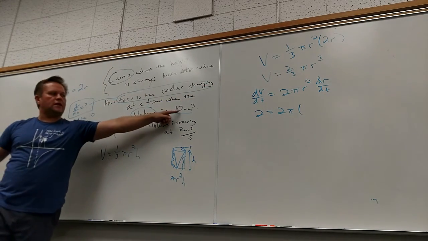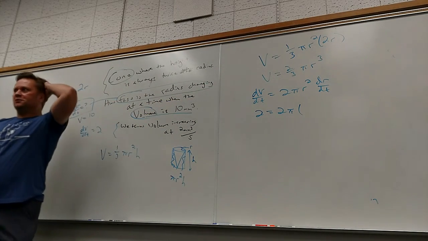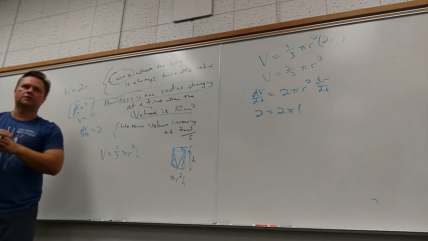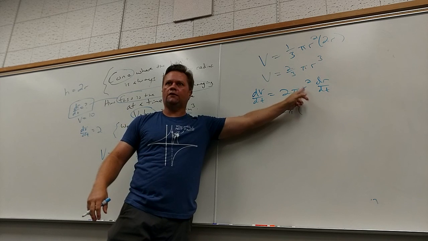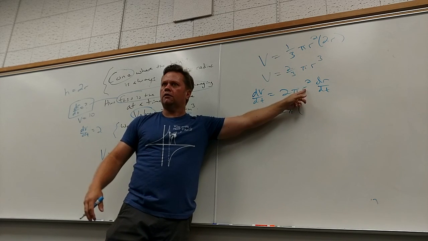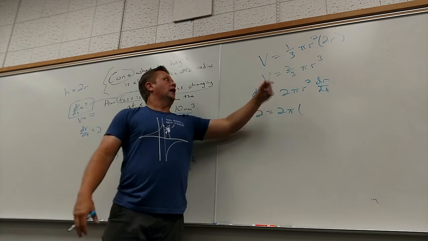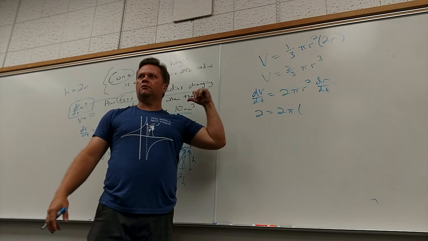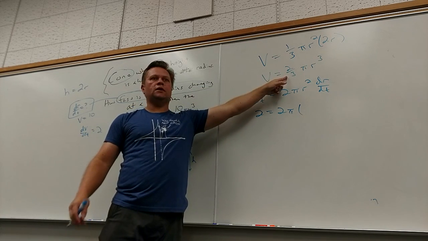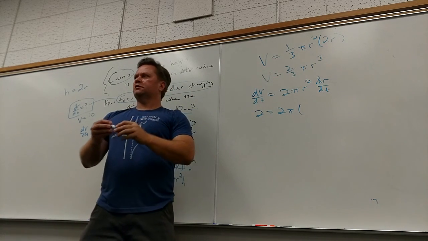The volume is 10 cubic millimeters. Oh, this one is so yummy. What I need to know is the value of r, right? How do I get the value of r if I know the value for the volume? I'll probably use a formula that's got both of them in it. Oh, you guys are loving this.